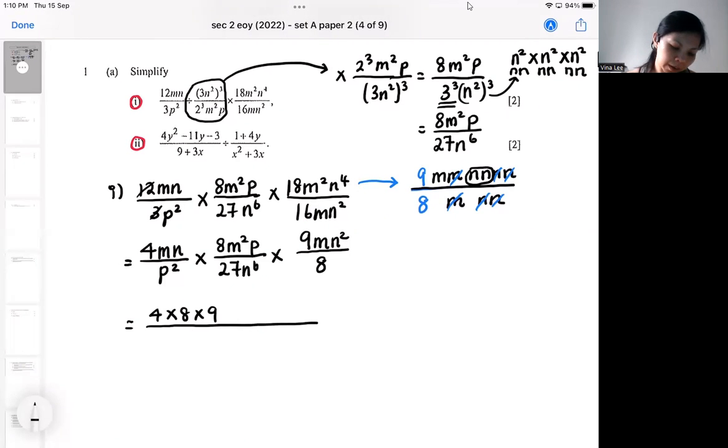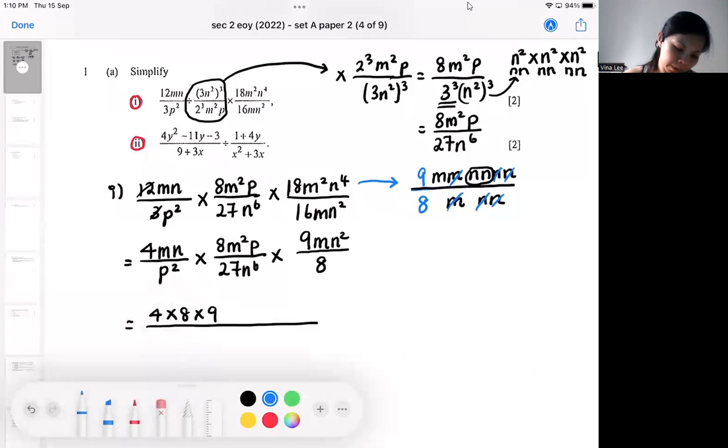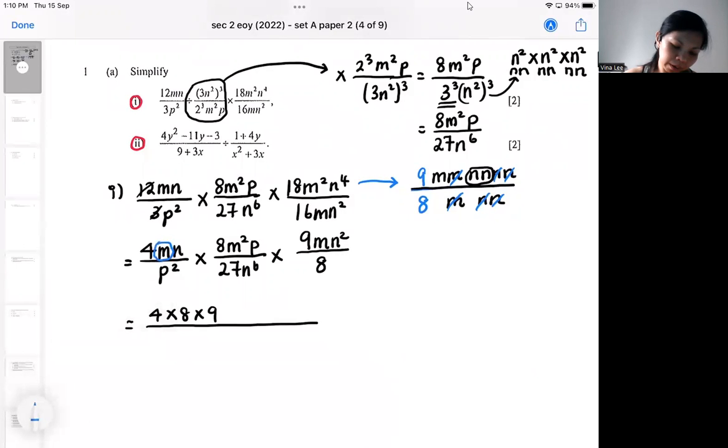Then I will gather the m. So you realize you got m, you got another m, and you got a last m. So this one is m to the power of 4. So that means you actually get 4 of them.